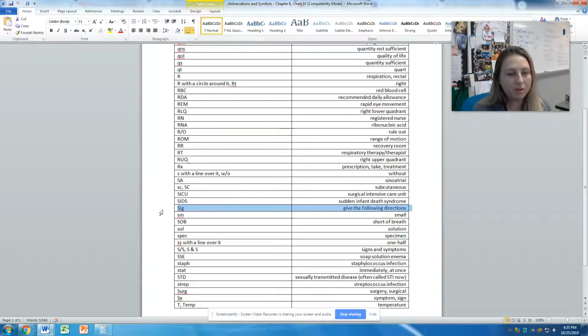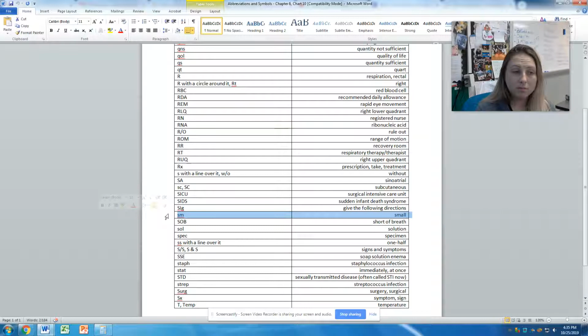All right. SLG. Give the following directions. So this is generally brought down from a physician level. Give the following directions. Have the patient do blah, blah, blah. Right? SM, this is small. You've probably seen this on clothes. Or maybe you bought these clothes for your child. I don't fit in the small anymore.